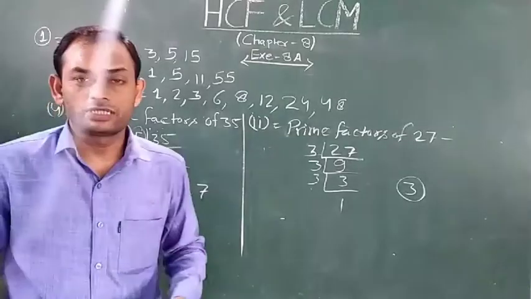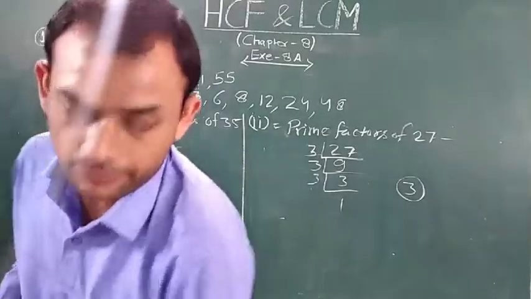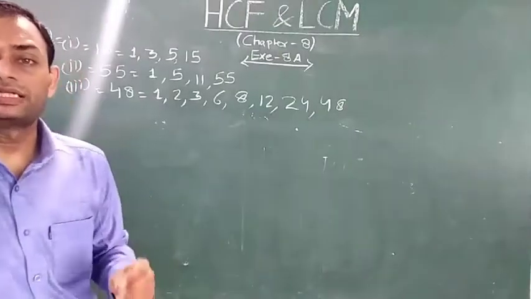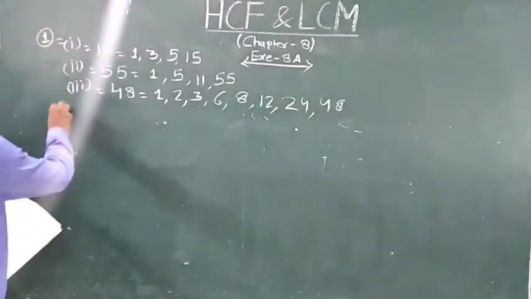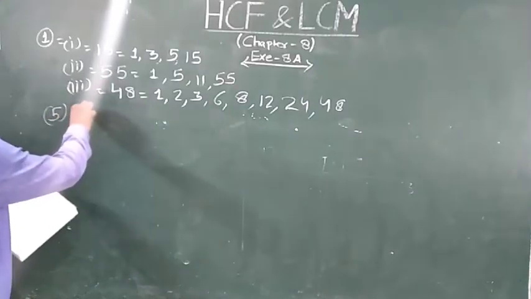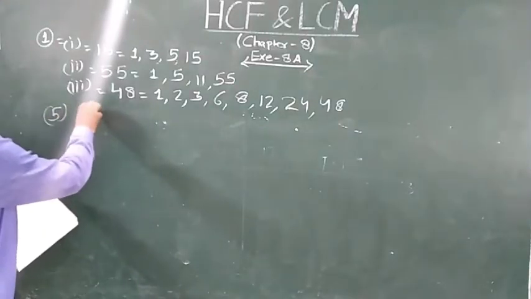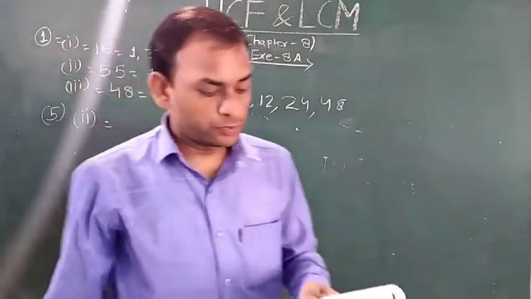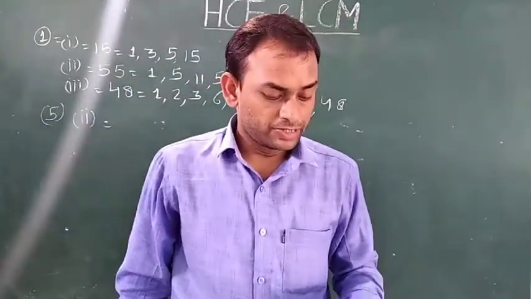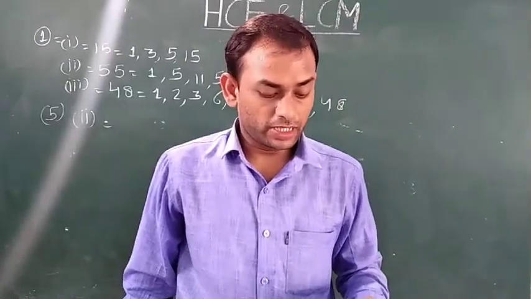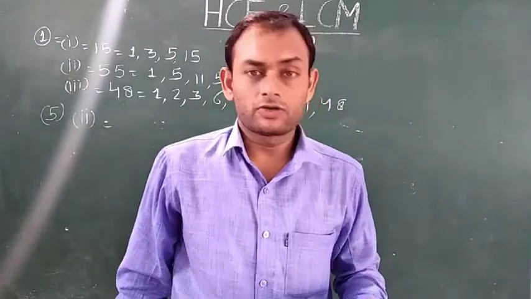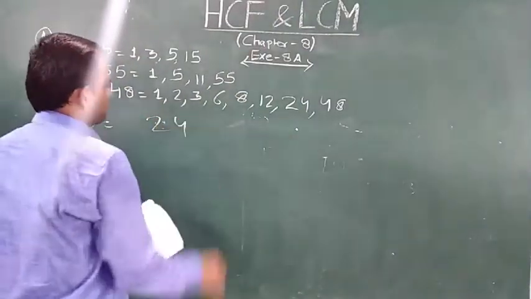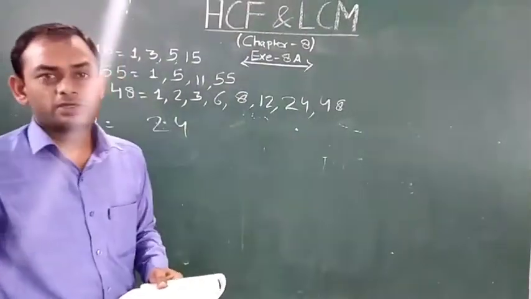Now I am going to tell you the fifth question. This question is exactly the same. I am telling you the second question of this. Don't get confused, it means prime factors, and you have to write the prime factors of the given number 24.